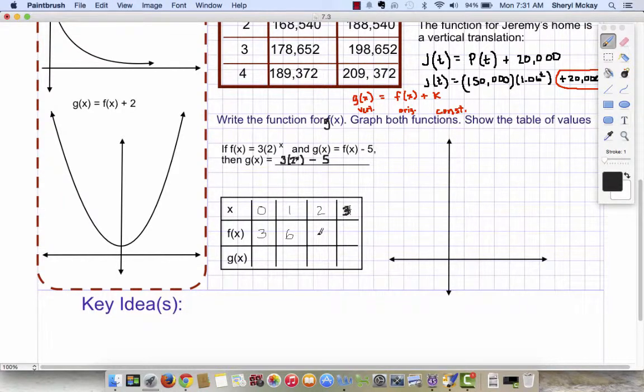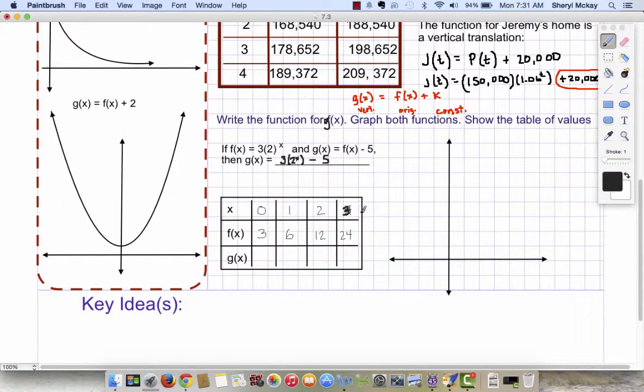You should have come up with 3 times 2 to the second power. 2 to the second power is 4. 4 times 3 is 12. And what did you come up with for 3? You might have noticed now that the constant ratio is 2, so we're just doubling. 2 to the third power is 2 times 2 times 2 is 8. 8 times 3 is 24.